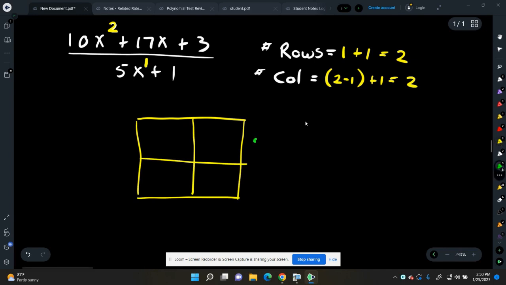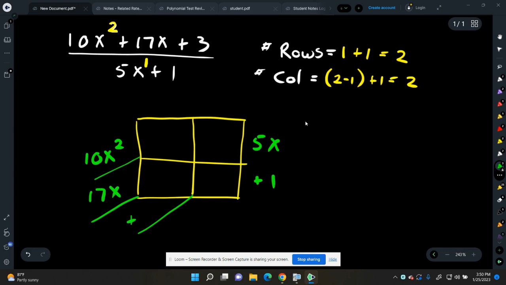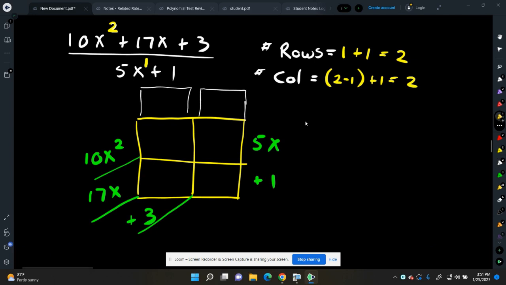So I'm going to put along the side 5x plus 1. And then we have 10x squared, 17x plus 3. Okay, let's fill it in. We're looking for the polynomial that goes up here.